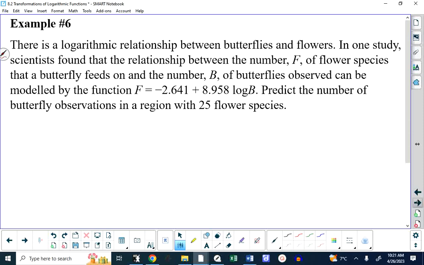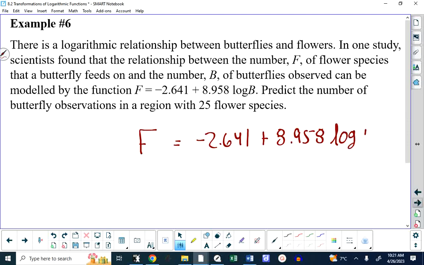In one study, scientists found that the relationship between the number of different flower species that butterflies feed on and the number of butterflies they observe in that region is modeled by a function that's logarithmic. It says the number of species of flowers is equal to negative 2.641 plus 8.958 times the base 10 logarithm of how many butterflies they observe.